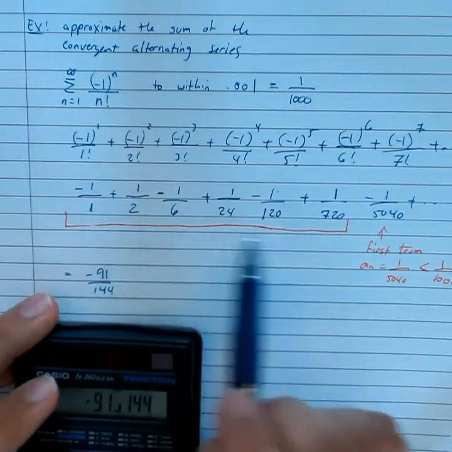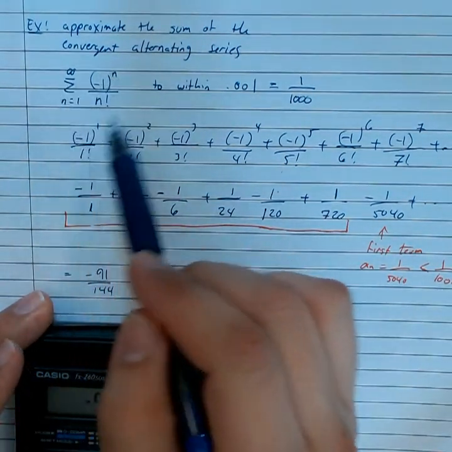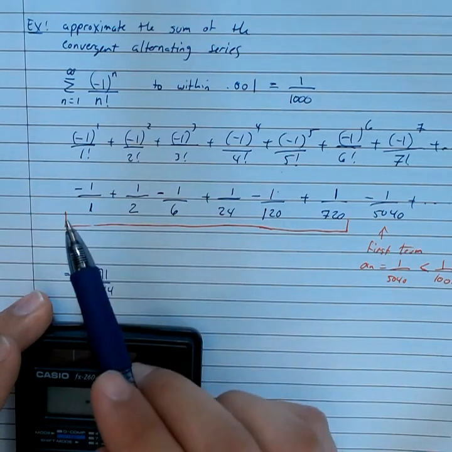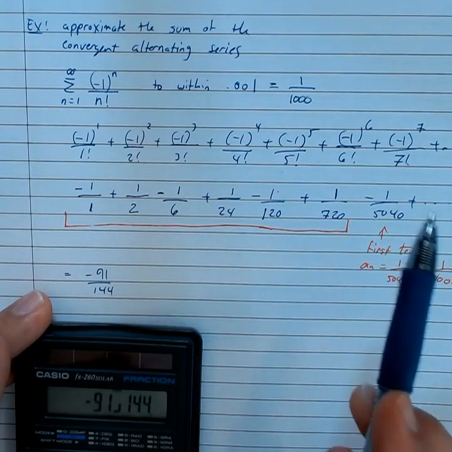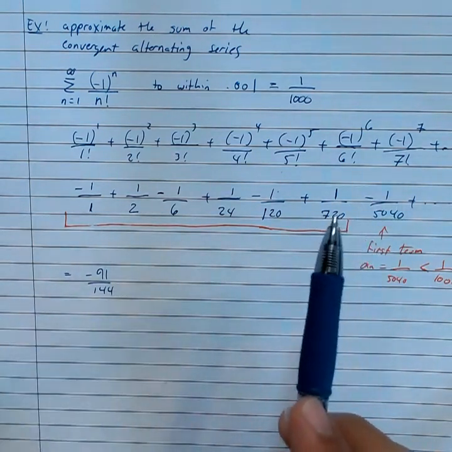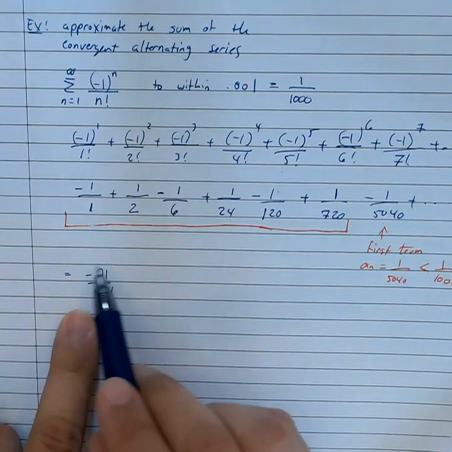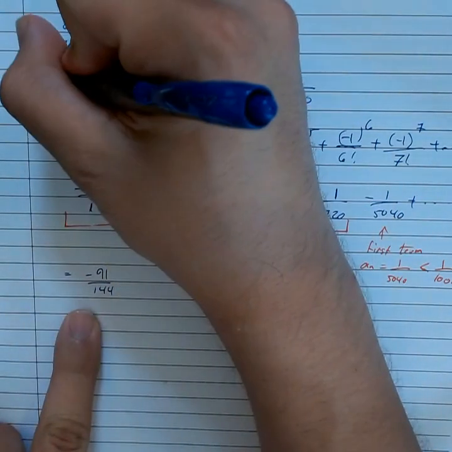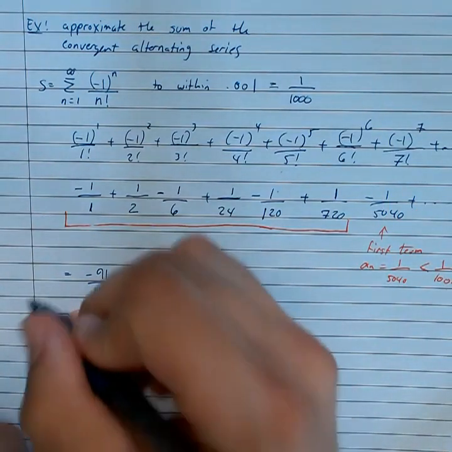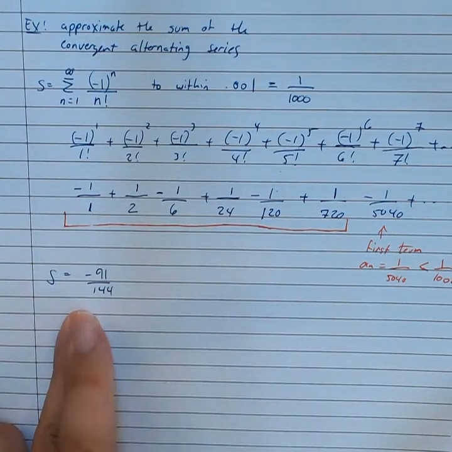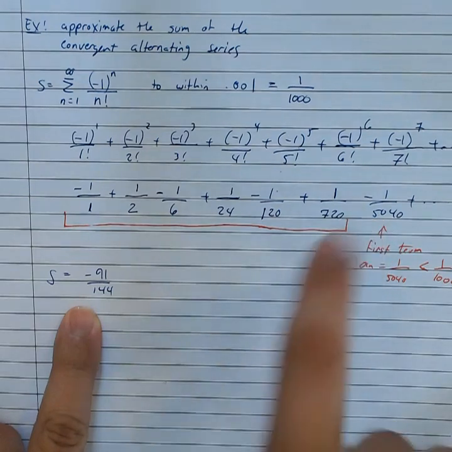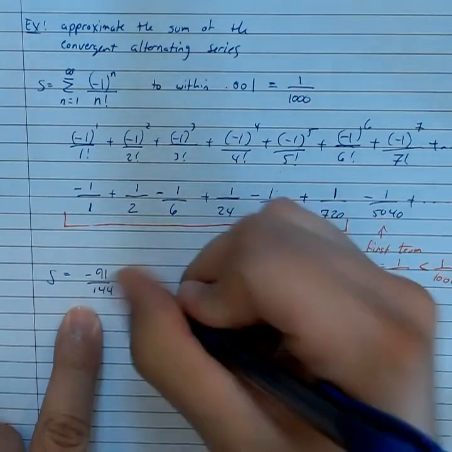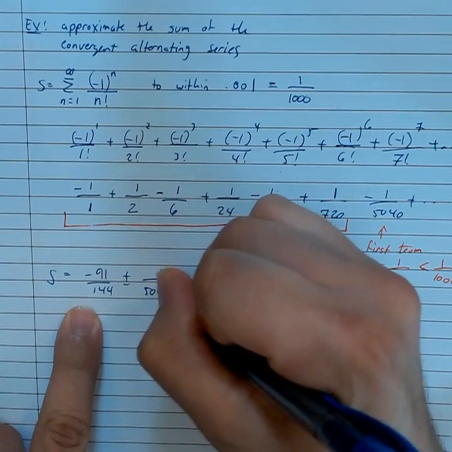And you say, oh, but that's not really what your series converges to, right? Well, no, it doesn't. What the theorem says is if I use these terms, this is correct to within this amount. So whenever we write our answer, we would write what our series converges to. Let me write this as S equals that amount. But that's not quite right. My answer could be slightly more or slightly less than this. That's my error, so I could say plus or minus 1 over 5040.